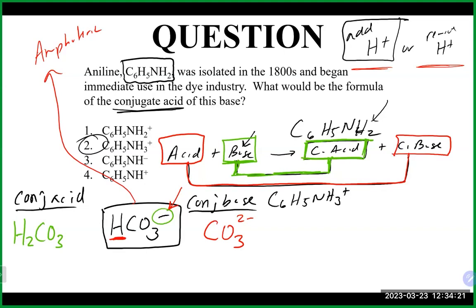So they could go both ways. We'll talk later in this chapter about how you determine which way it will go. Will it act as an acid? Will it act as a base? You could make that decision a little bit later on as well. Any questions on Bronsted-Lowry conjugate acid base pairs? Okay.